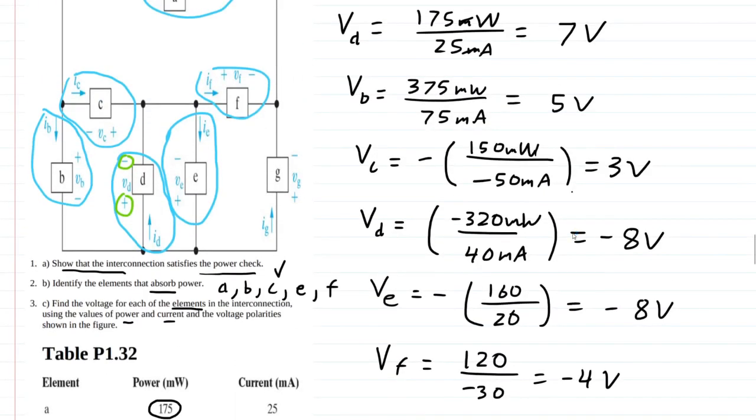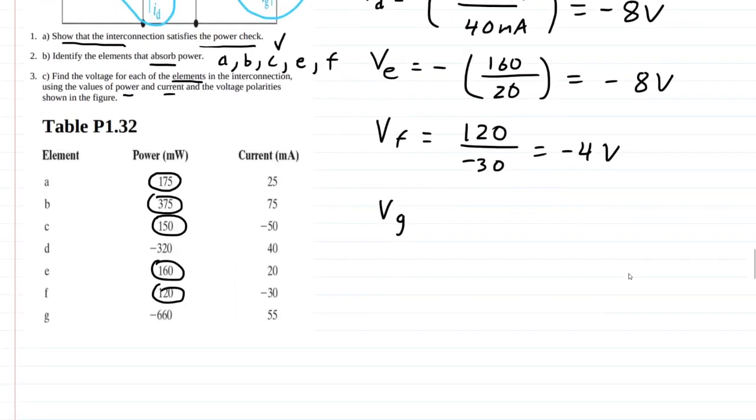VG, one more time. Current's going from plus to minus, so we're going to have a plus in front of our expression. And let's see, it's negative 660 divided by 55. This one I can't do in my head, so I'll just do it quickly. Minus 12 volts.